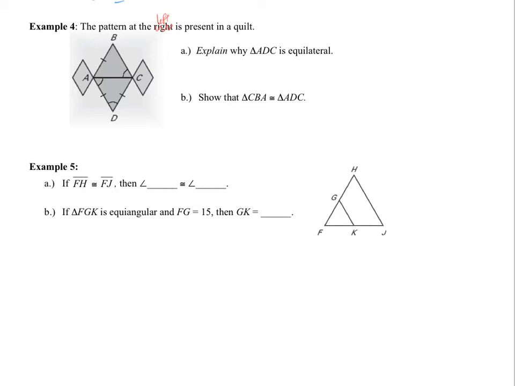Example 4. The pattern at the left is present in a quote. A. Explain why triangle ADC is equilateral. Okay, first, we notice that AD and side CD are congruent to each other. So by the converse of the base angles theorem, we can say angle DAC is congruent to angle DCA.